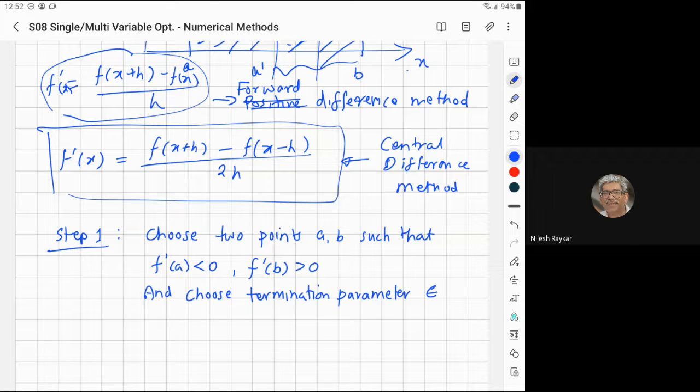If you hit upon the minima point by chance, you can stop at that moment, rather than shrinking the space further and further. Okay, and in this first step, we have x1 equal to a and x2 equal to b.